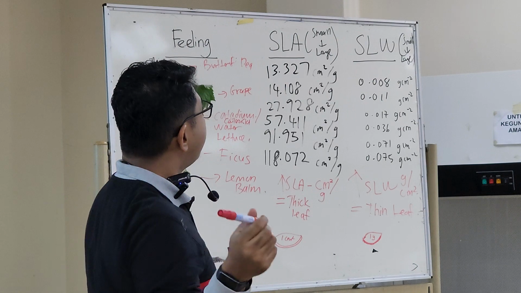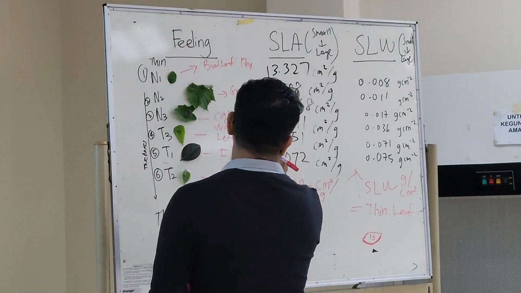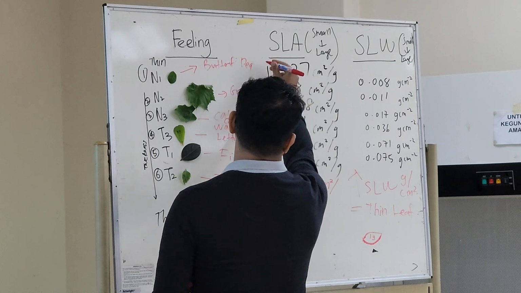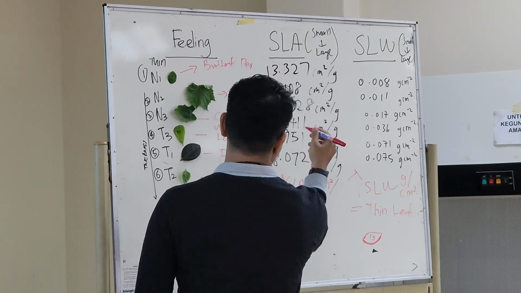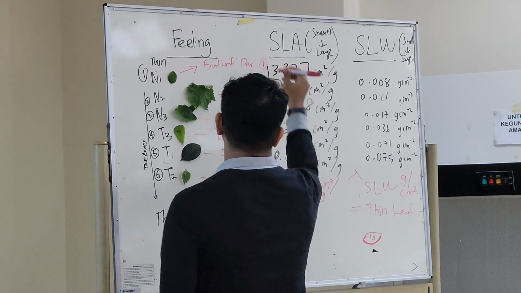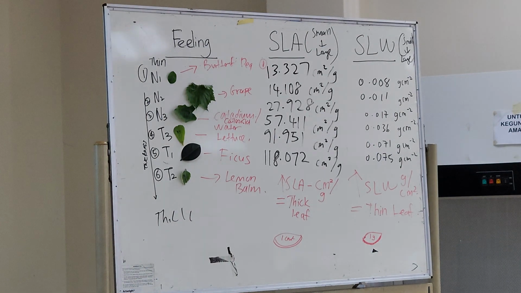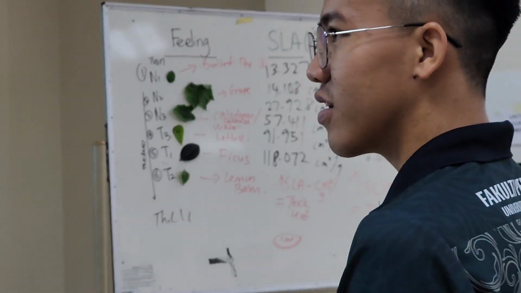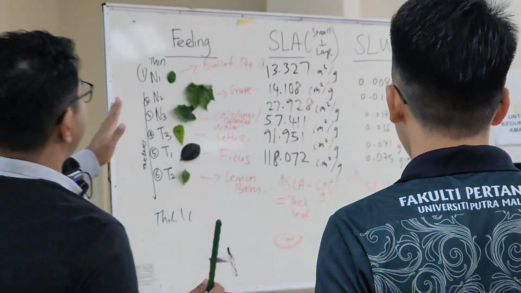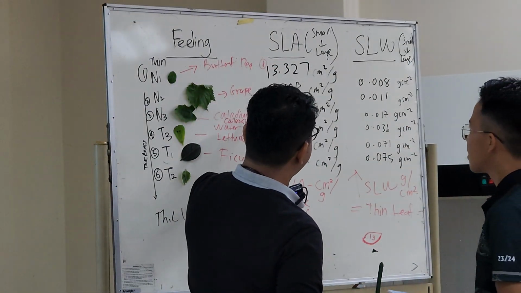Can you do the ranking now based on the value for this SLA and SLW? Just right here. Who is the lowest is number one. Who's the lowest here? Number one. You can take the marker. Based on this, is this already in the ranking?